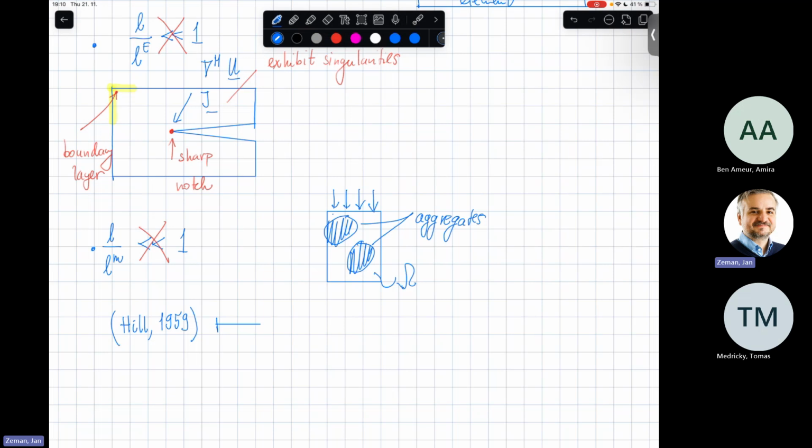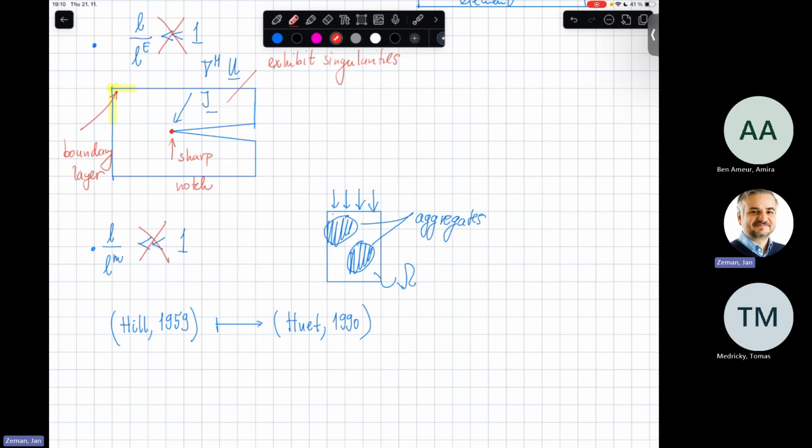Then there was this Hewitt argument, in which he introduced this notion of apparent properties and made these arguments by Hill, which were a bit heuristic, a bit more quantitative.